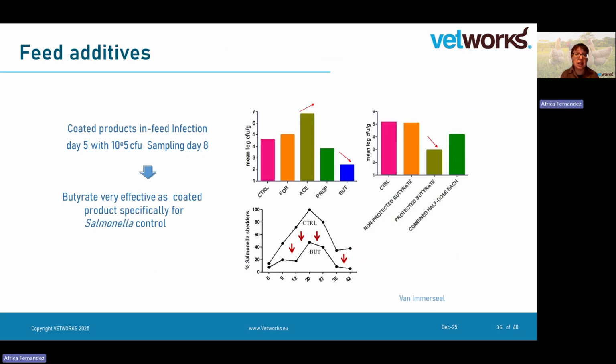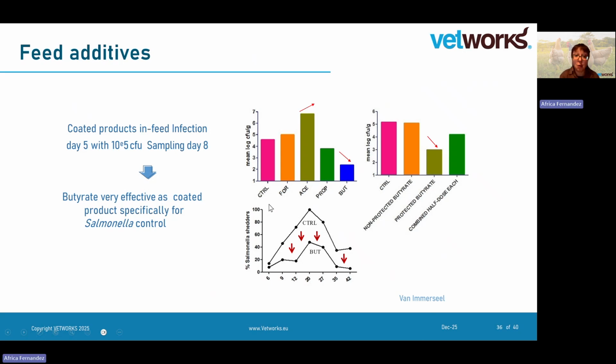And very quickly here, you can see in this table a trial where the birds were infected with 10 to the 5 colony-forming units of Salmonella, and a sample was taken 5 days later.